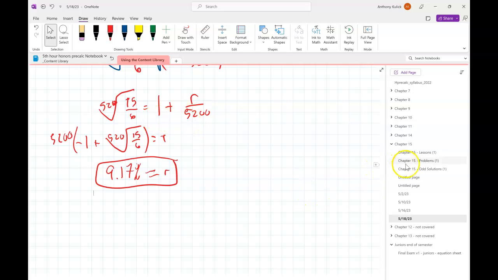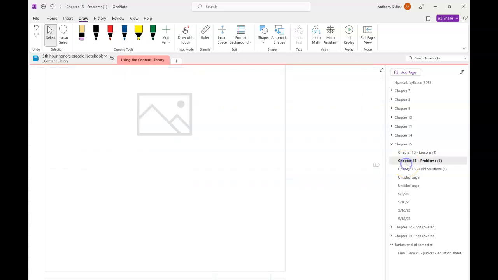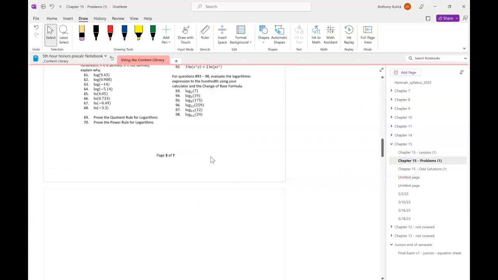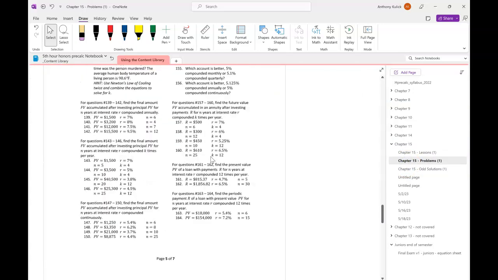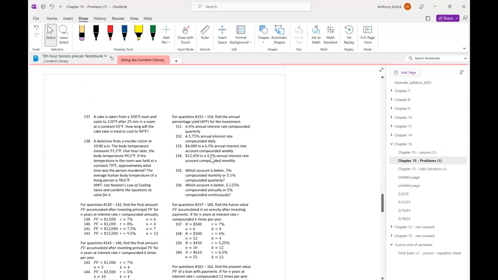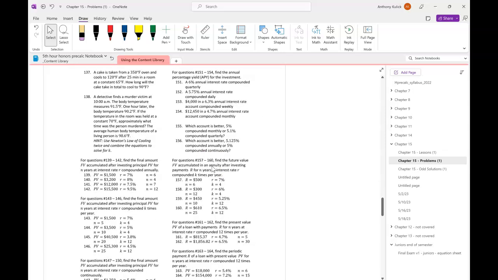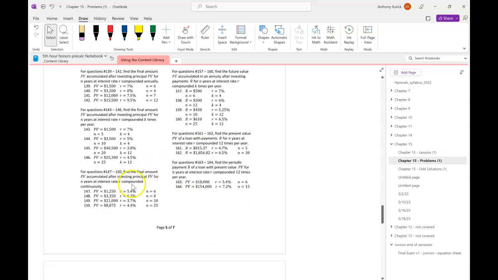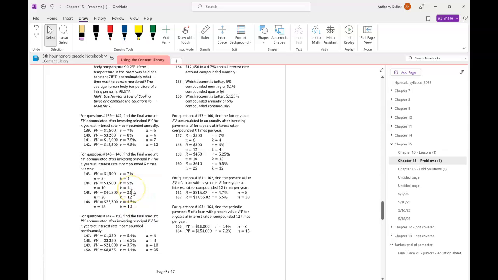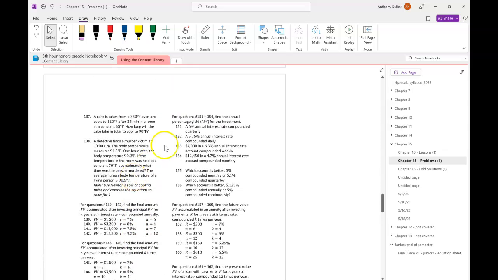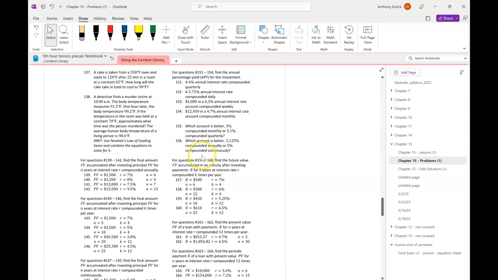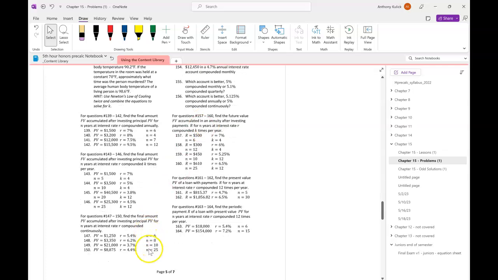Good. All right, I think this seems like a good place to stop here before we get into the next topic. At this point, you guys should now be able to do up through, just let me double check, 150.